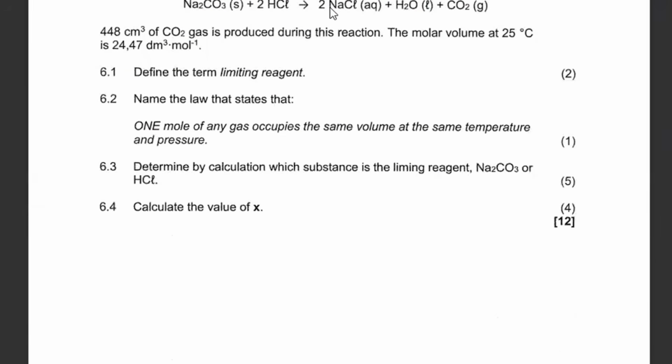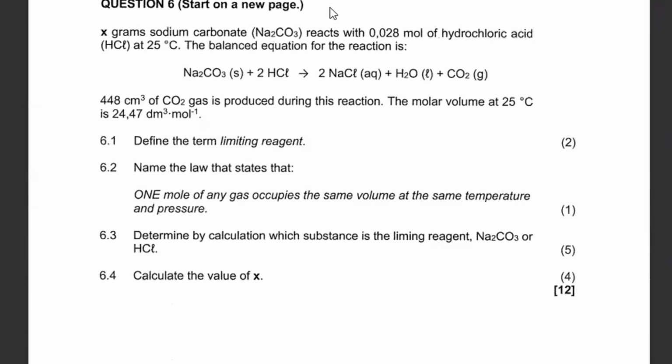Then question number 6 reads: X grams, so unknown grams, of sodium carbonate, Na2CO3, reacts with 0.028 moles of hydrochloric acid, HCl, at 25 degrees.